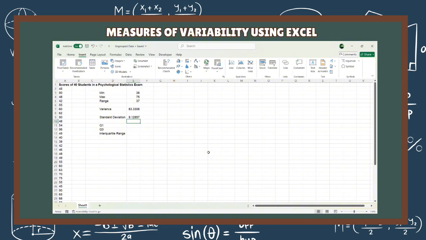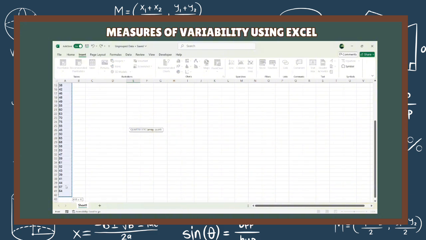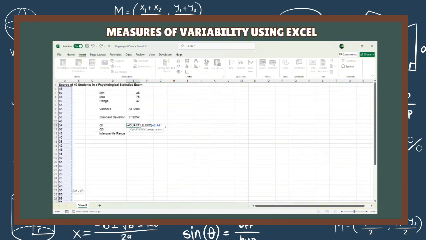Now for the interquartile range, the interquartile range is the difference between the third and first quartiles. Here's how to calculate it. For the first quartile, type equals quartile, select the data set, add comma, and type 1.